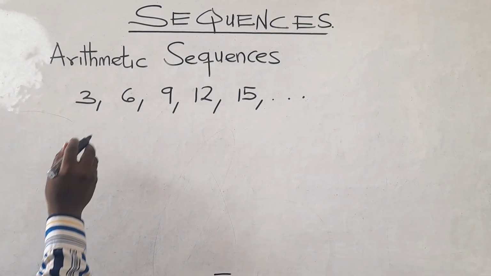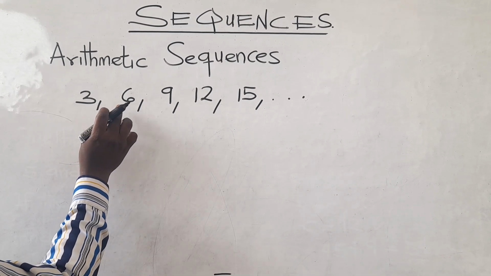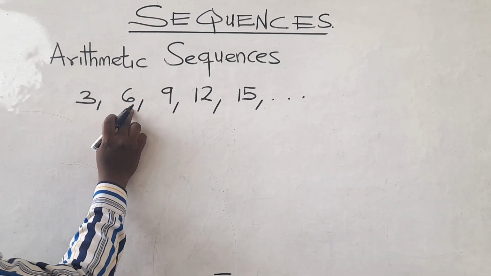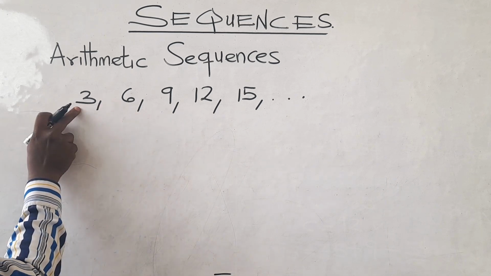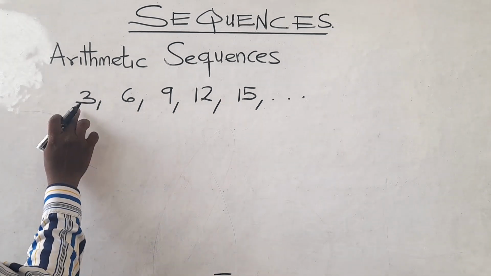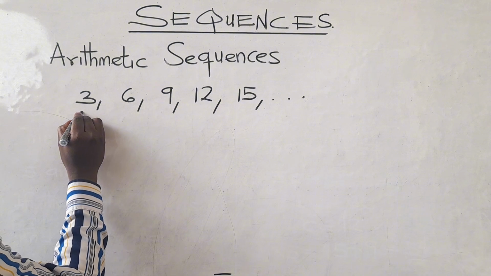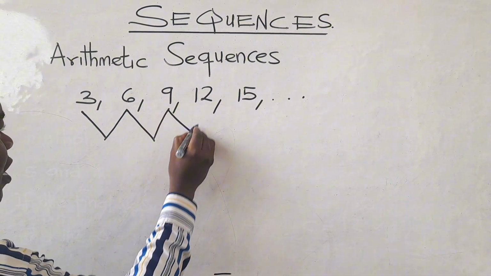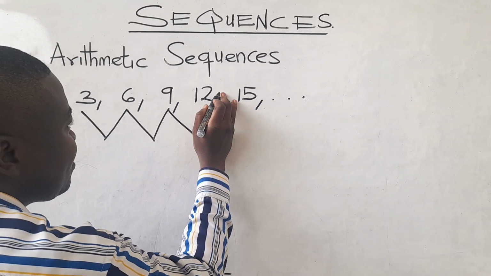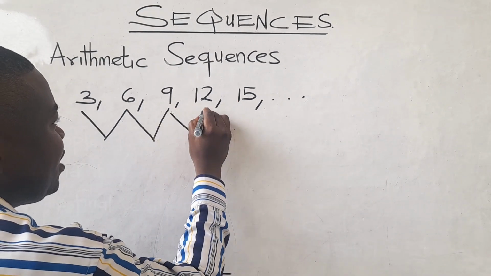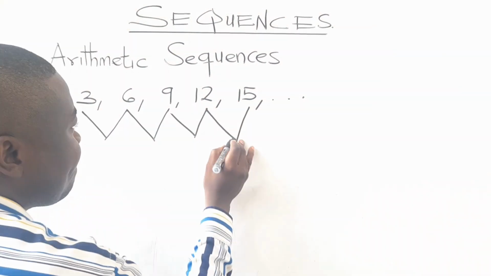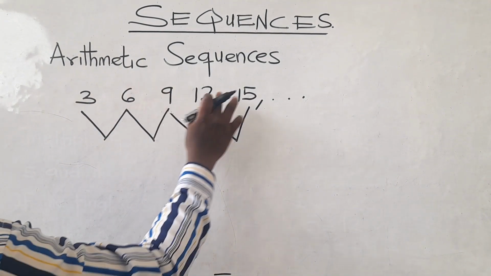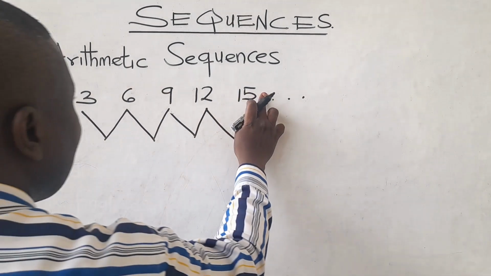The first difference is the next term minus the first, you subtract the first from the next term, like this.